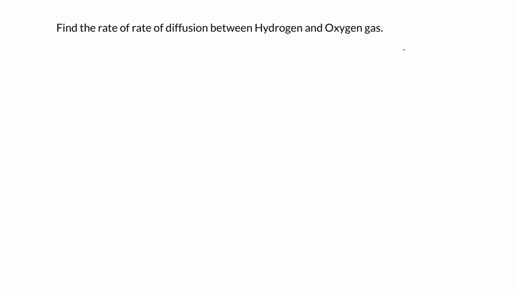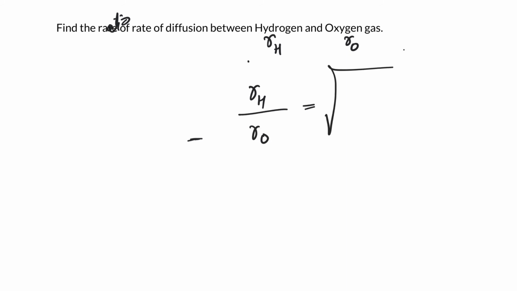Find the ratio of the rate of diffusion between hydrogen and oxygen gases. So let's say RH and RO. RH upon RO equals the square root of MO upon MH, right? Because it's an inverse relationship.